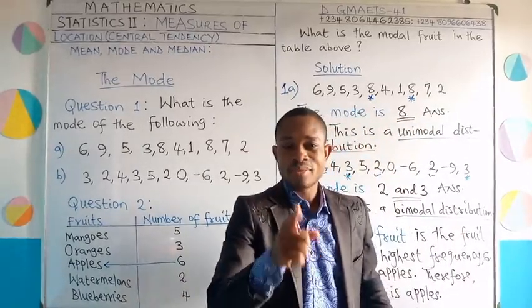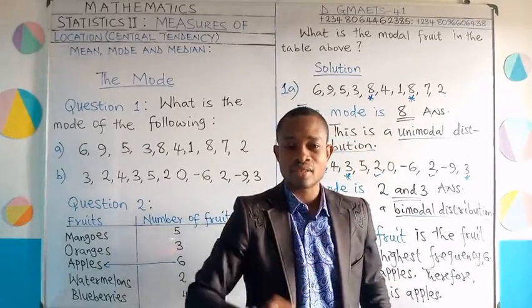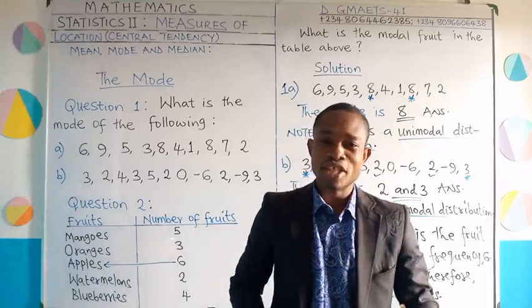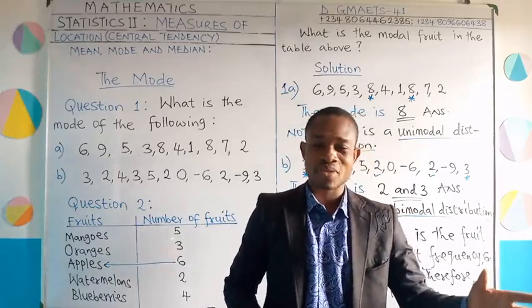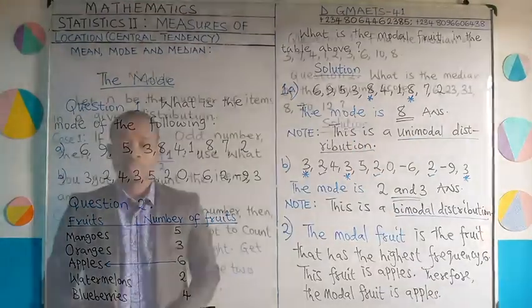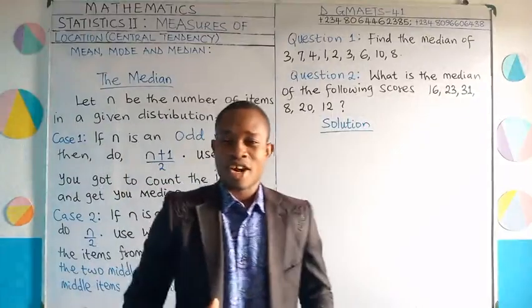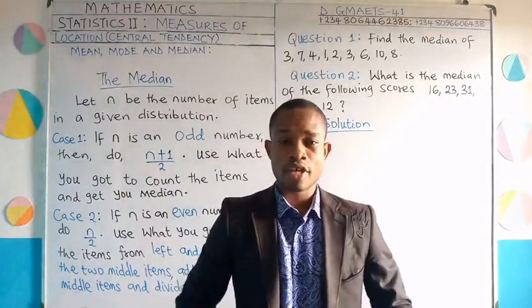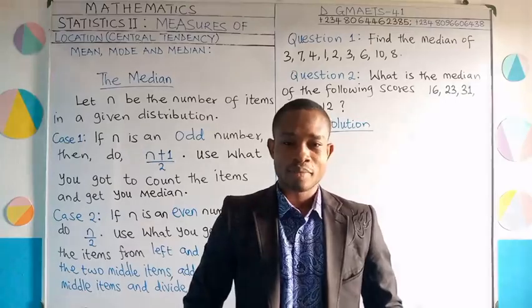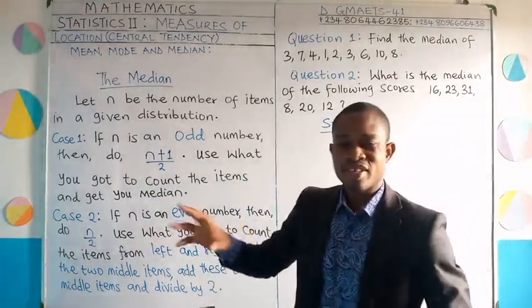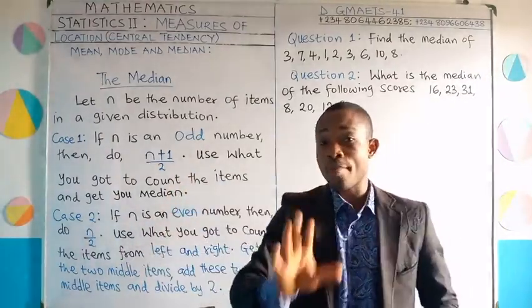Next, we are going to pick questions on median and see how we solve problems on median, another measure of central tendency or measure of location. Now we want to see how we calculate the median of a distribution. But before we go on into solving these questions, there is a point I want you to know about median.